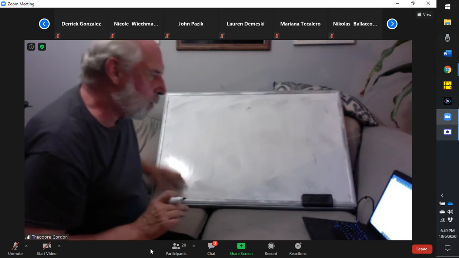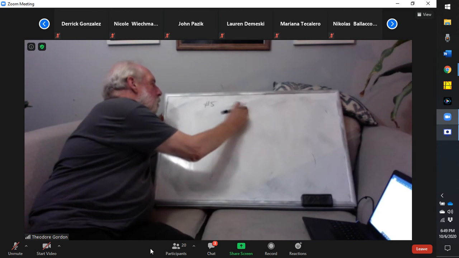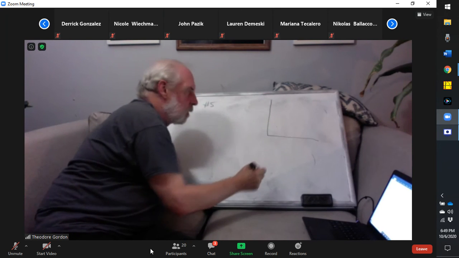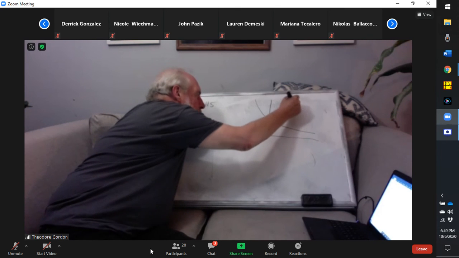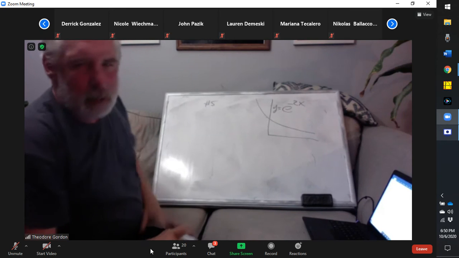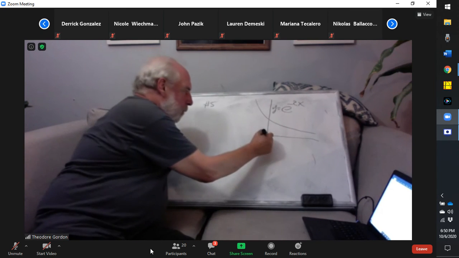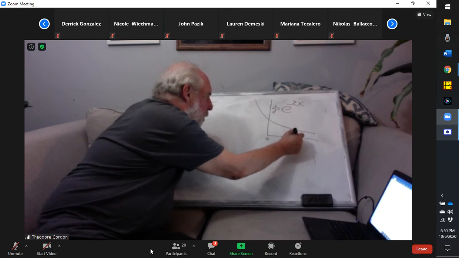So number 5. There's our function, e to the -2x power. And the problem says we're going from 0 to 1.